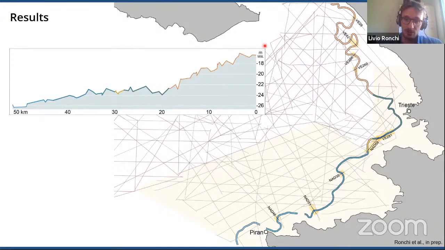I talked about the megafan of the Isonzo before, and you have to imagine that the megafan extended in this area over here. Another important thing is that these coasts here are rocky cliffs. This means that in our opinion, the Isonzo trapped itself between its own sediment of the megafan and the cliffs of the Istrian coast. It means there's an autogenic control of the river on its own path.